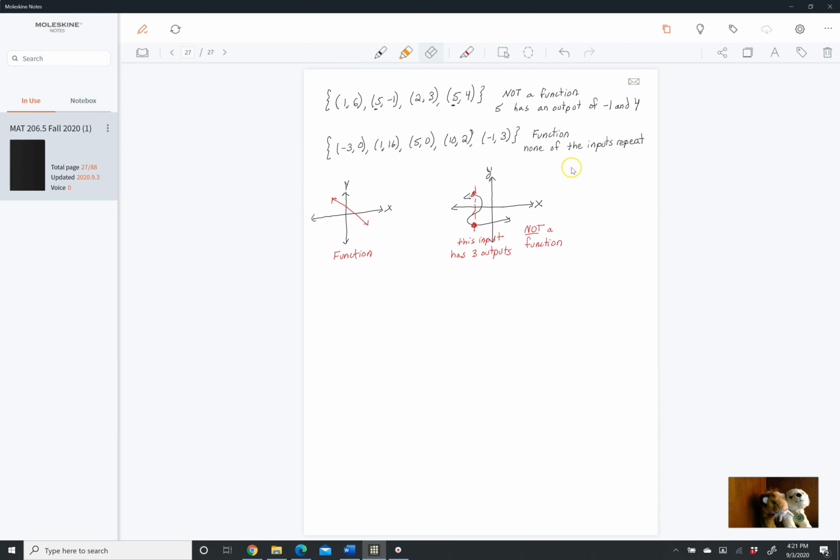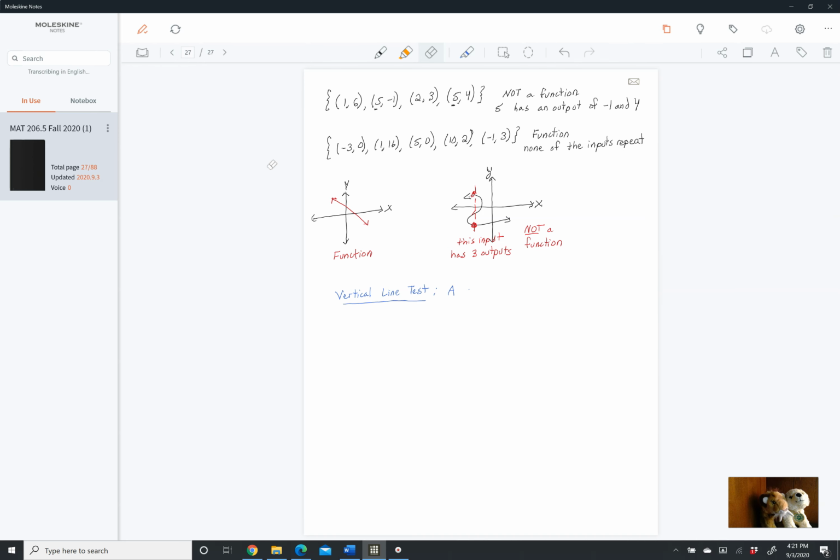Okay. What we call this is the vertical line test. It tests to see whether or not a graph is a function.